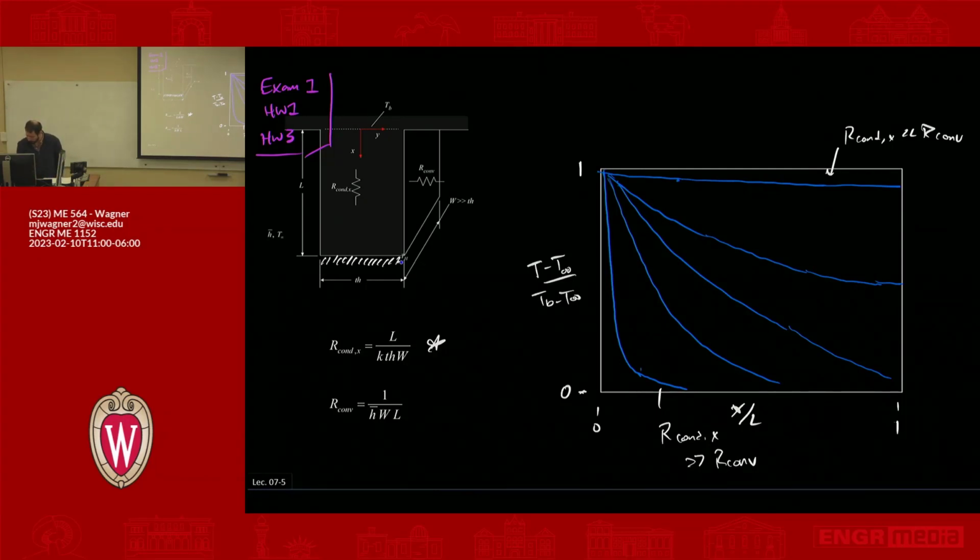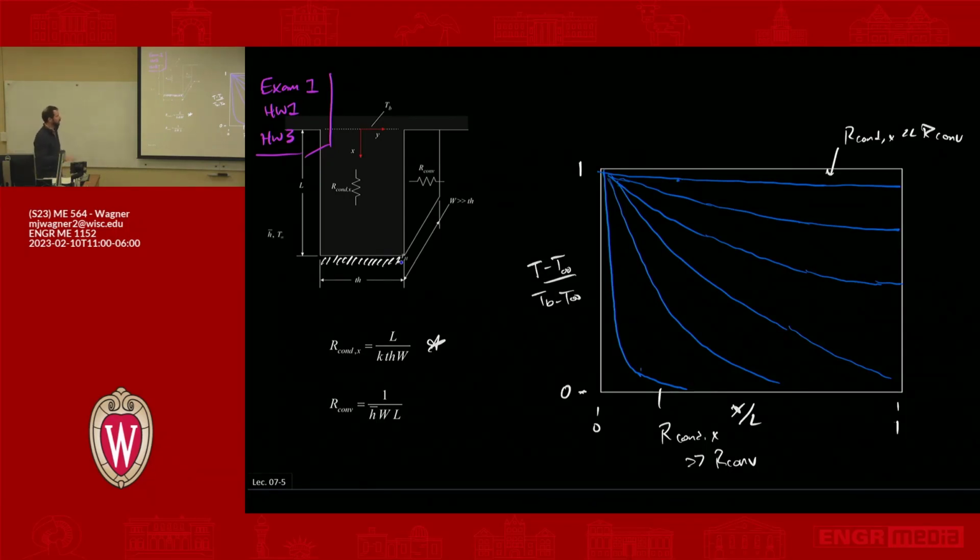So all these curves that I'm drawing for this particular fin are going to have the gradient of 0 at that boundary. So this family of curves is now specific to this type of fin, but if I characterize the ratio of resistances for any given fin, I should be able to look at the temperature profile just from something like this. Okay?